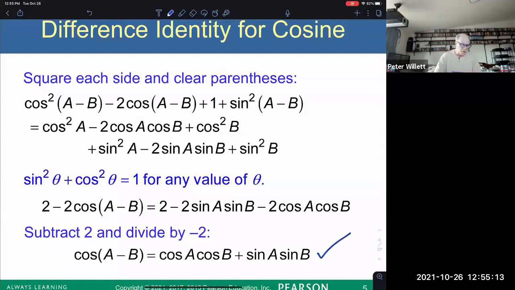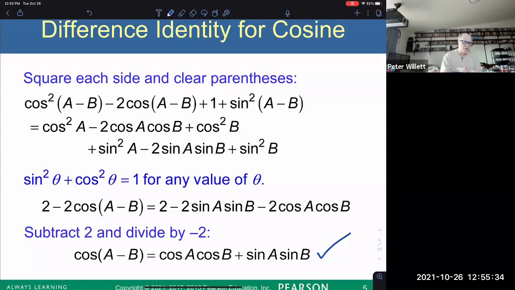When they've solved for cosine of A minus B, this is basically giving us an identity or a formula for how we can calculate the cosine of the difference between two angles in terms of the cosines of those individual angles themselves.